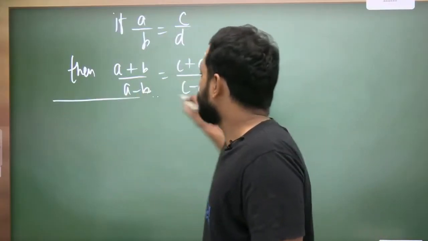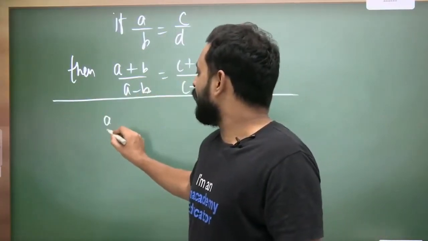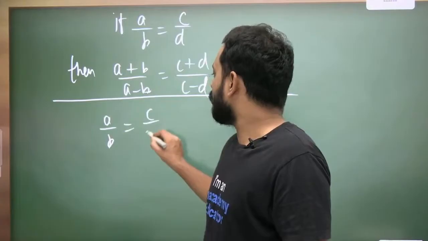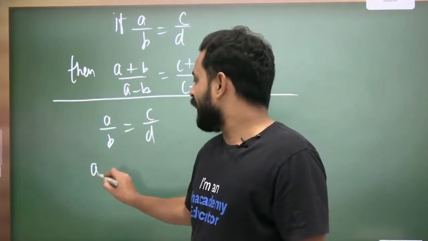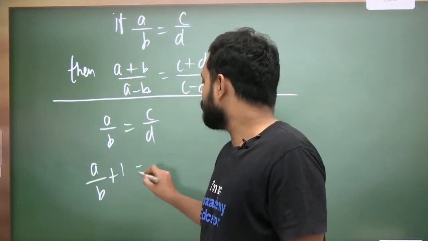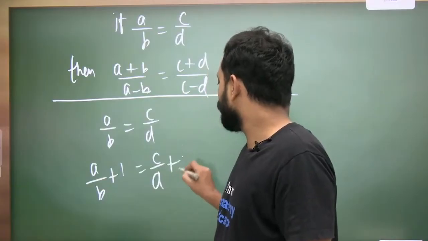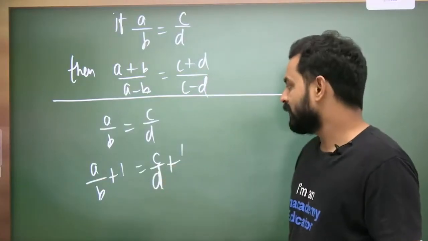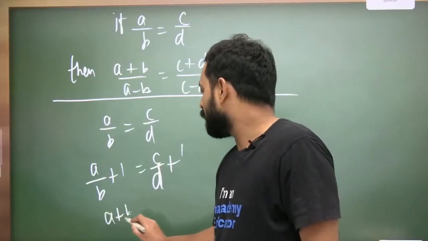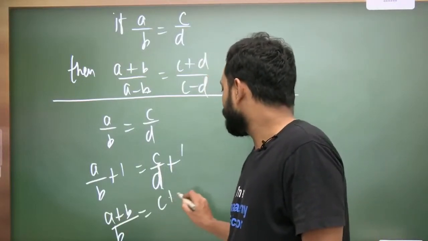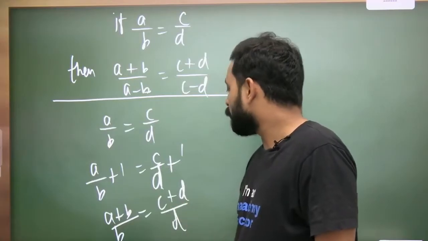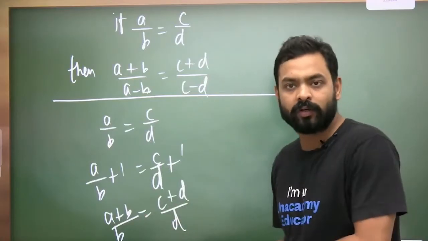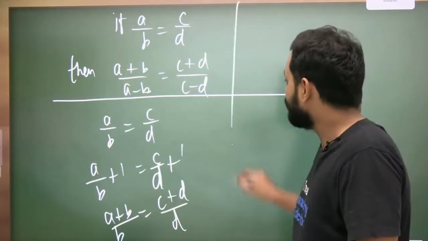Now, we are given that A upon B is equal to C upon D. So can we add 1 to both the sides? A upon B plus 1 is equal to C upon D plus 1. Now we have A plus B upon B is equal to C plus D upon D. So this is called componendo. That's what we had discussed, right?